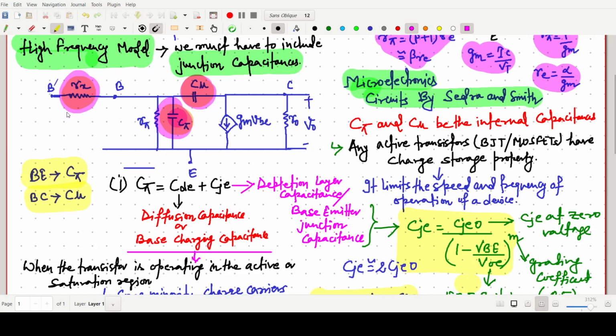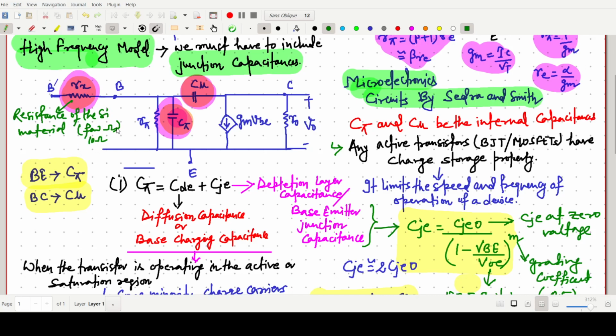RX is basically the resistance of the silicon material. It is a few ohms to tens of ohms, like that.